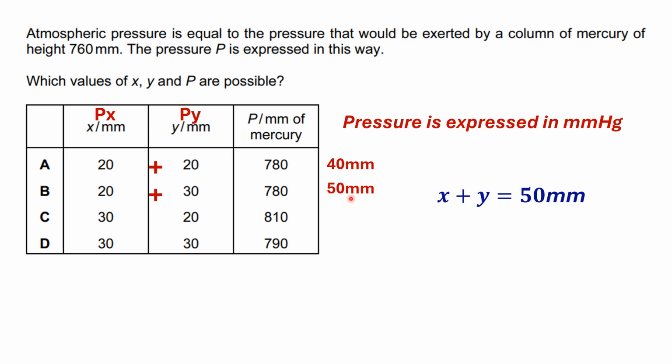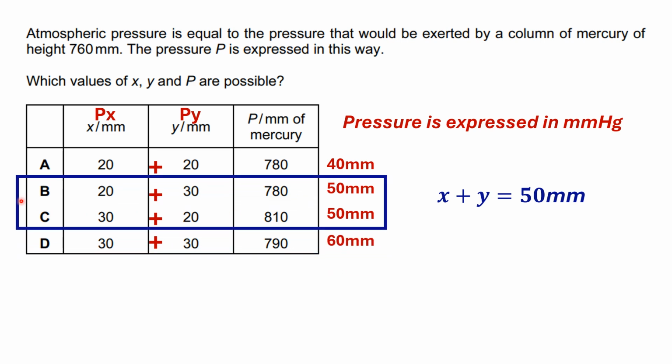This could be one of the answers. 30 plus 20 is also 50. So now we have two options. And 30 plus 30 is 60. So we have two options, B and C, and we need to determine which one is the correct answer.